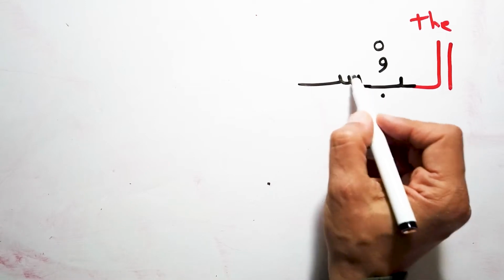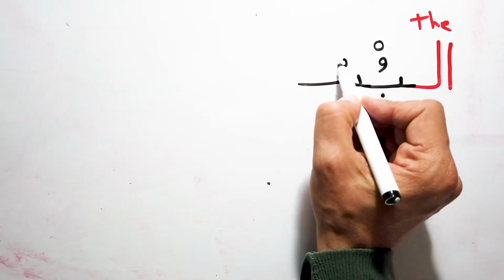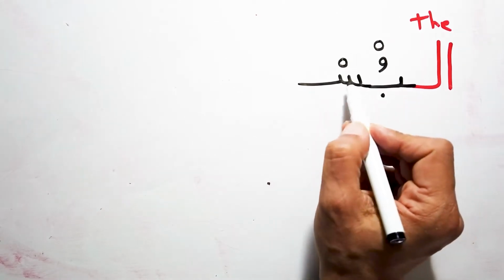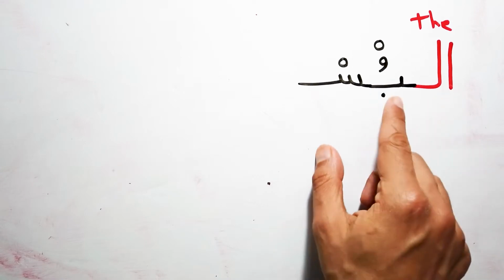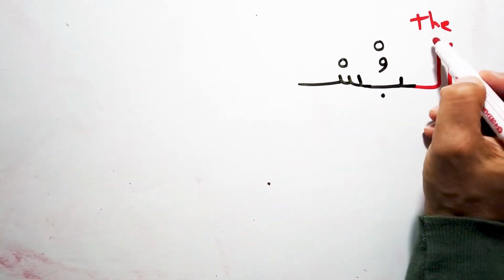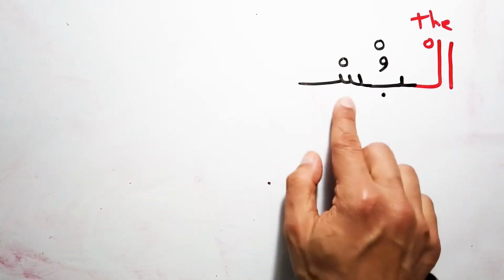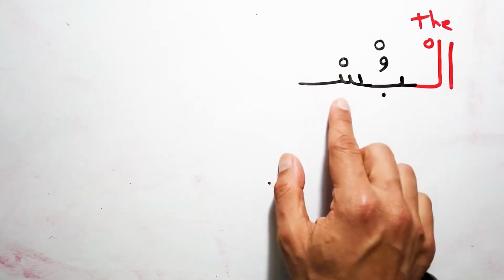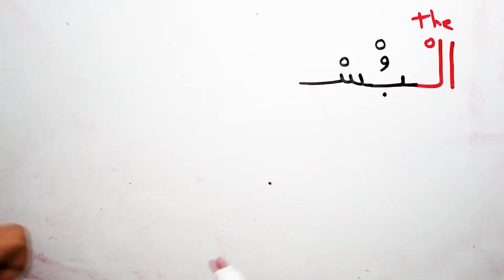This letter sounds like letter S. When I add this mark on the top, it means I have to pause on the letter. So I say bus. Here we have this mark as well, so that's why I stop here. Bus.